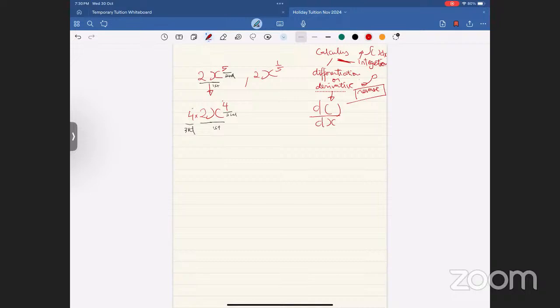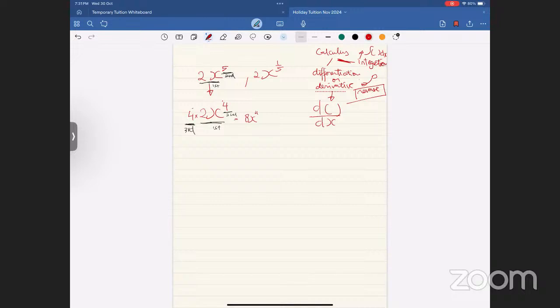And you have absolutely no idea why I did all this. But I only do 3 things. Let me repeat that one more time. I take the 2x and keep it 2x. I take the 5, make it 4, minus 1. And then for some reason, I put the 4 again on the front and I 4 times everything. As a result, the final thing will be 8x to the power 4.